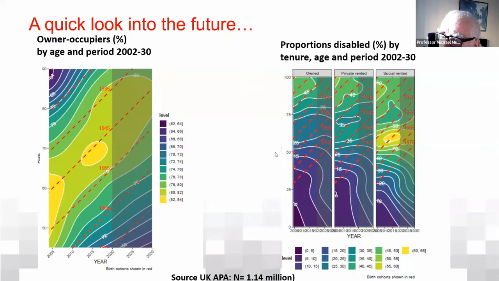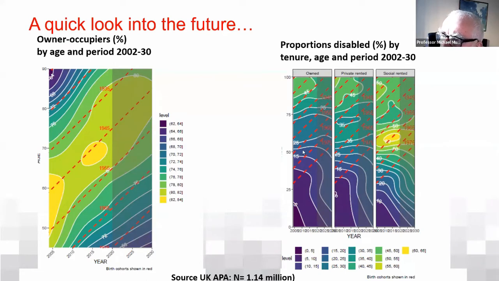Finally, my last comment is on this, breaking down disability status by housing tenure, again for cohorts and for periods between 2004 and 2030, again with the past and the future. What I think is noteworthy here is that if one looks at the social rented sector, which was mentioned yesterday, there are incredibly high rates of disability among people in that sector.